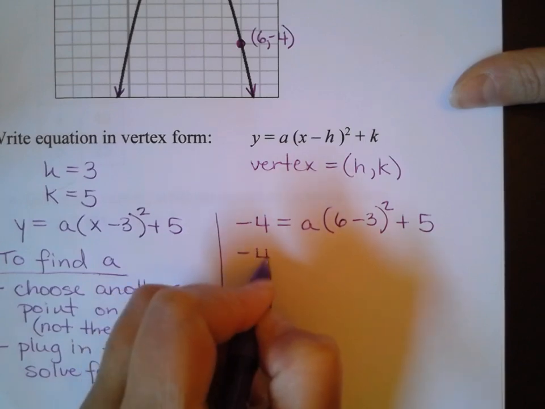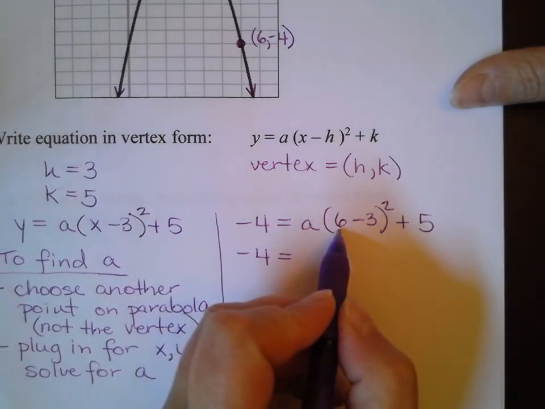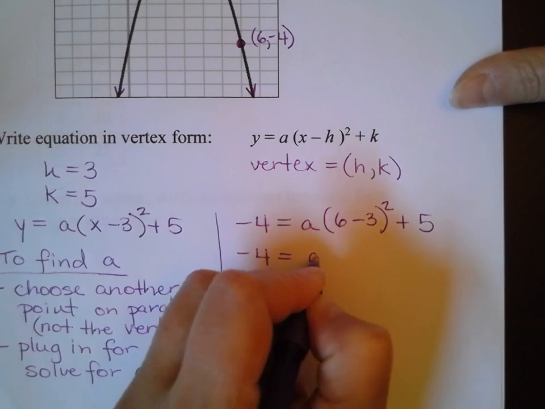Now the important part here is to use the order of operations. That can be kind of crucial. If you don't do it in the correct order, you're not going to get the same answer every time. So we would want to work from the inside. 6 minus 3 would be 3, squared.